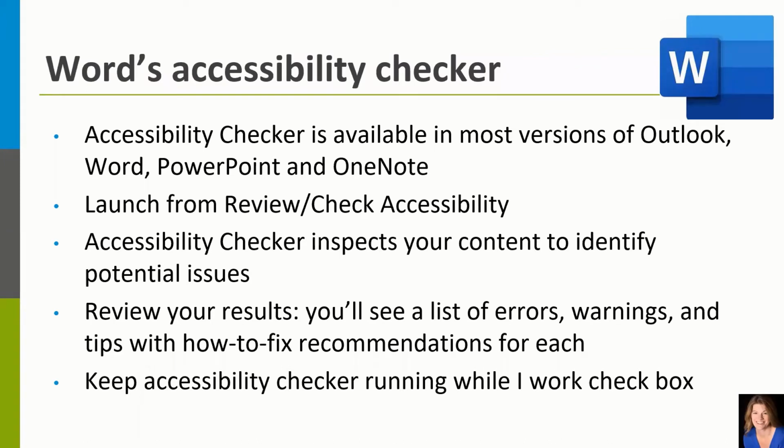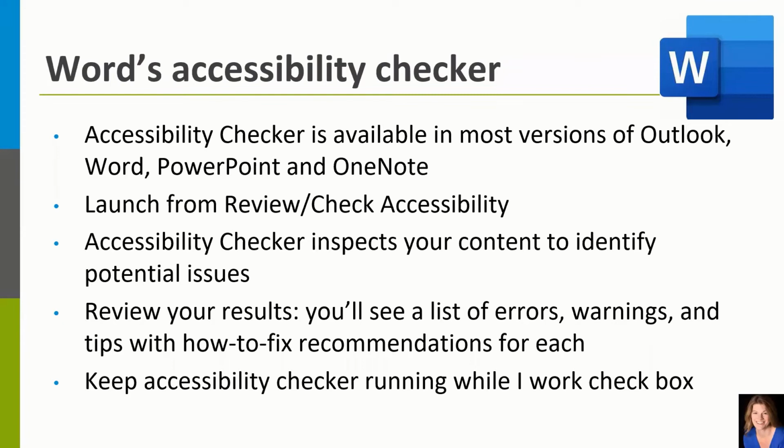On that results pane, if you click on a warning, it will display that item in the document for easy reference for you to go back and see it. This accessibility checker is also in Outlook and in PowerPoint and a couple other things. And so I know when I see alt text missing, it helps to be able to go back to the slide, for instance, where that alt text was.